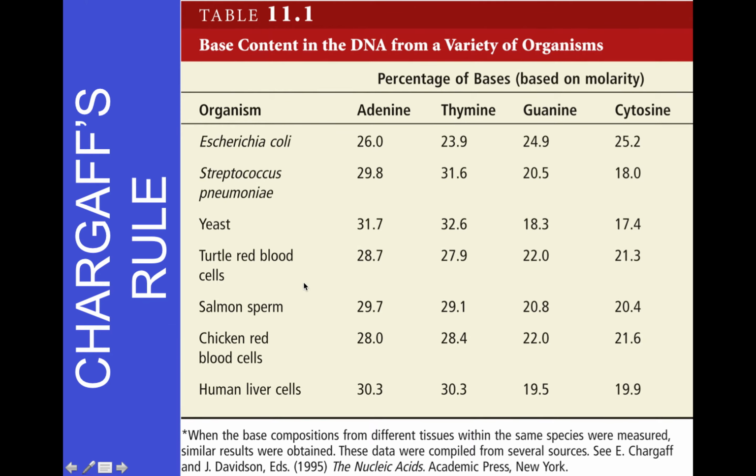So he continued to march through organisms, and in every case, he found that the amount of adenine was approximately the same as the amount of thymine, and the amount of guanine was approximately the same amount of cytosine. Looking at the chemical structure of these different bases, he proposed that adenine and thymine could hydrogen bond together, and guanine and cytosine could also hydrogen bond together. So that led a very important piece of information to solving the structure of the DNA molecule.